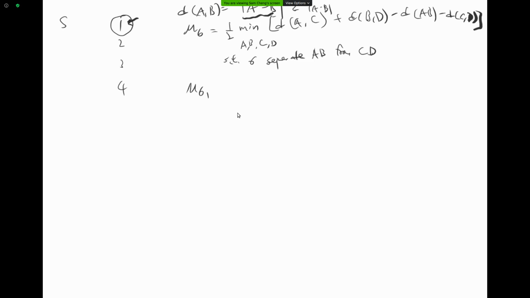If I pick C and D as 2 and A and B as 1, then I will get the minimum, and the minimum will be equal to 1. The difference here is 1. Yeah, 1 plus 1 over 2, so it's just equal to 1. So if this is sigma 1, mu sigma 1 will be equal to 1.